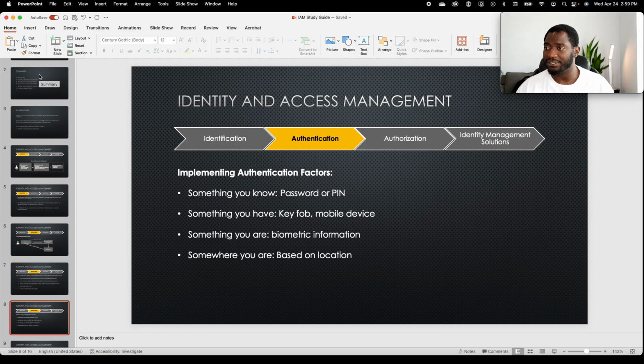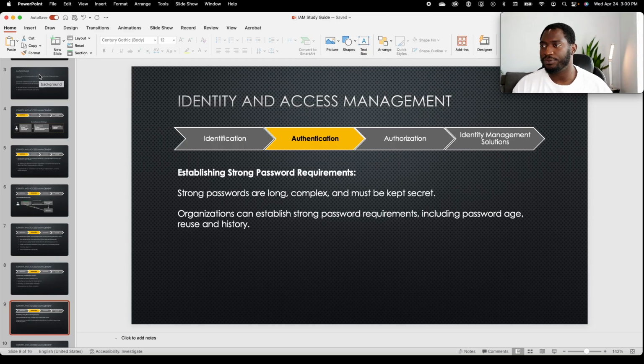These authentication factors can also be combined, which we're going to get into later. But it's important to understand the various types of authentication factors that can be established within an authentication system.